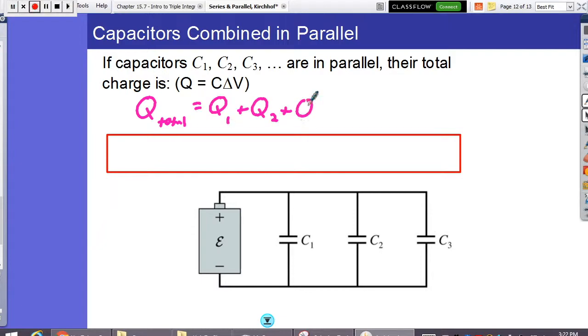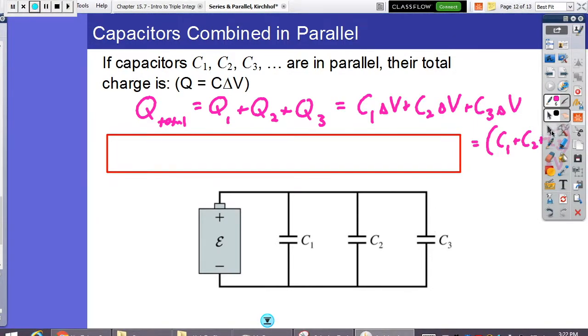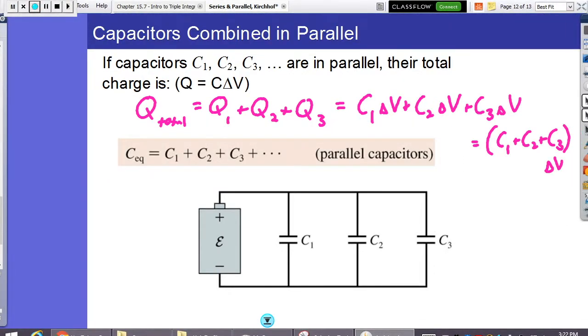So this is kind of how we arrived at those rules for capacitors, because we happen to know that Q total is like C1 delta V plus C2 delta V plus C3 delta V. But of course, we now know for parallel circuits that those delta V's are all the same. So kind of the mirror image of resistors, capacitors in parallel add normally.